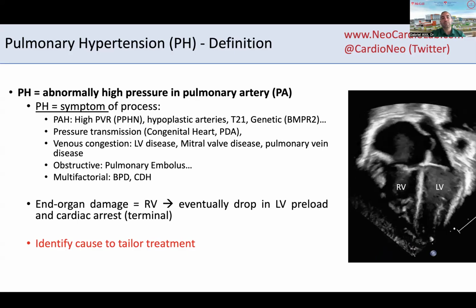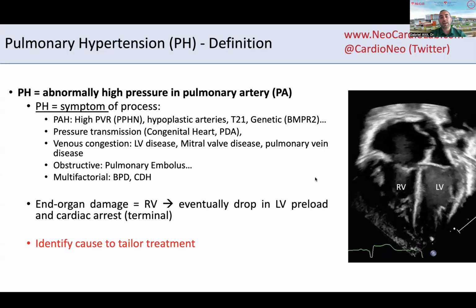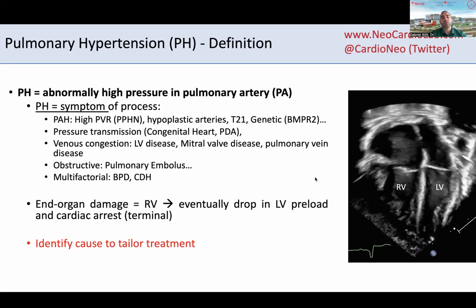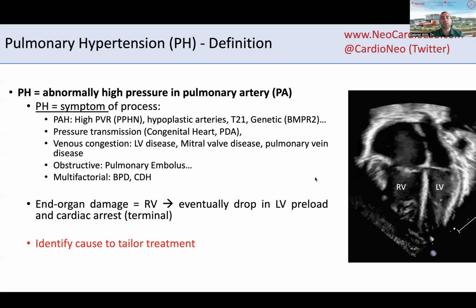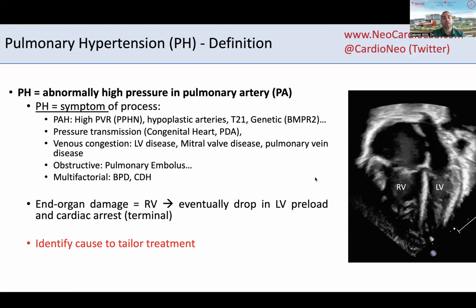And this high PVR can be secondary to either vasoconstriction or decreased pulmonary vascular surface area, or abnormal pulmonary arterioles that lead to a heightened condition of vasoconstriction, or a decreased intraluminal capacitance of the pulmonary arteries.